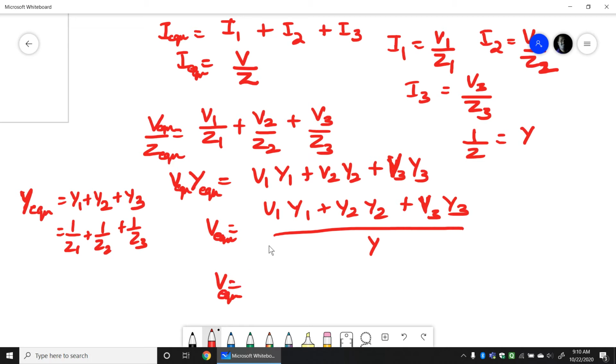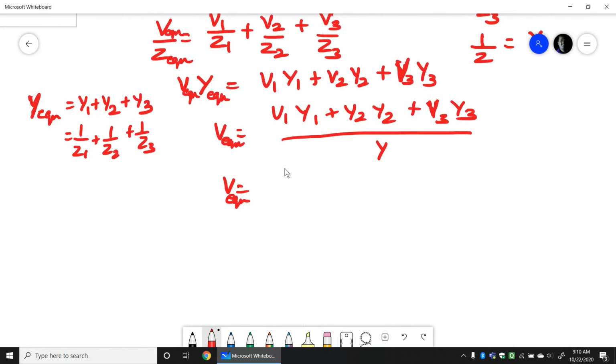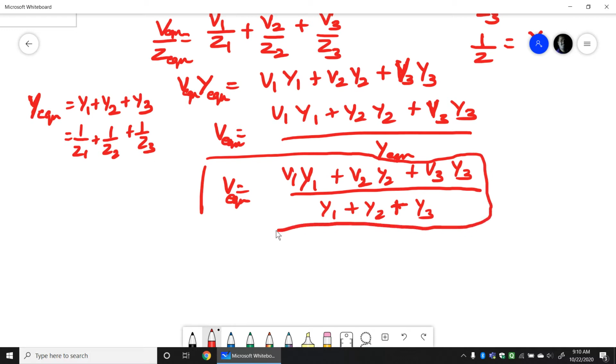We remove the load impedance while finding out the Millman's equivalent circuit. Okay, so therefore it is V1 Y1 plus V2 Y2 plus V3 Y3, whole thing divided by Y equivalent, which is equal to Y1 plus Y2 plus Y3. So this is the formula which we get in Millman's theorem finally.